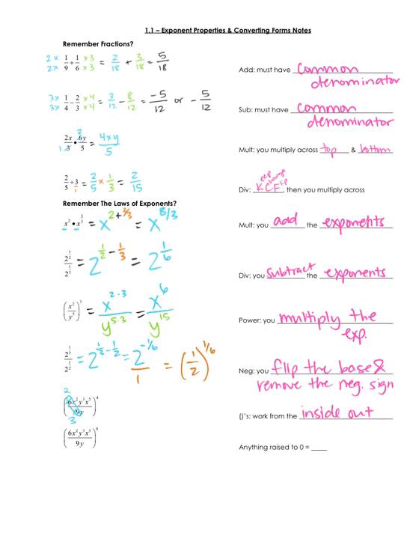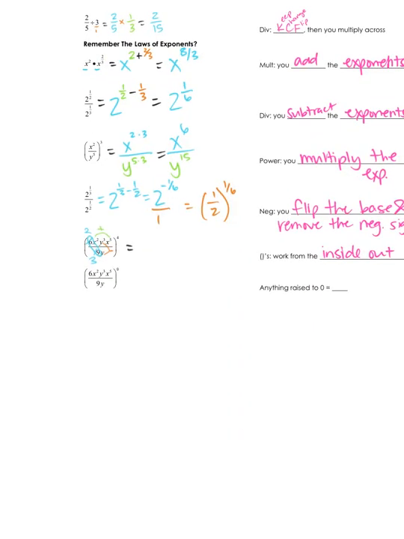Then I'm going to combine my x's by adding the exponents because they're being multiplied. And then I'm going to subtract the exponents from my y's because they're being divided.